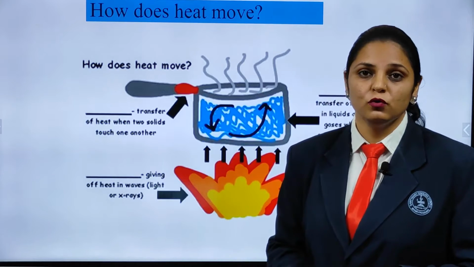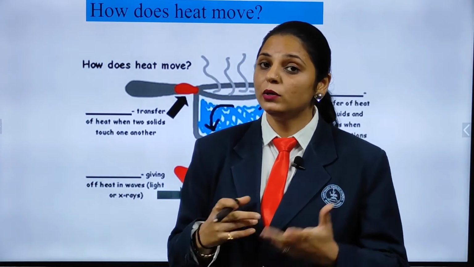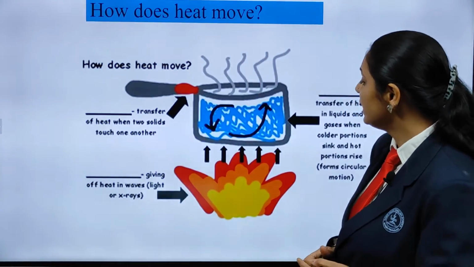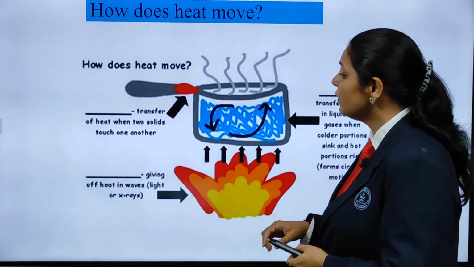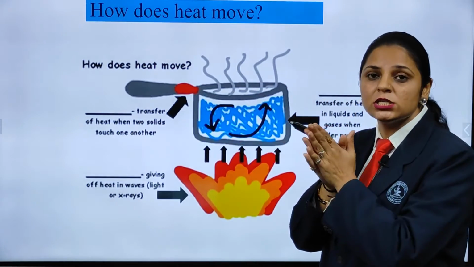How does heat move? We are heating an object, but how does the heat move? There are various ways. One is the transfer of heat when two solids touch each other.